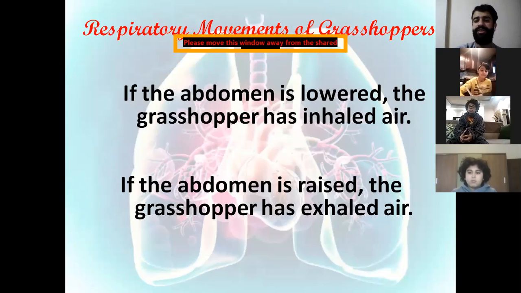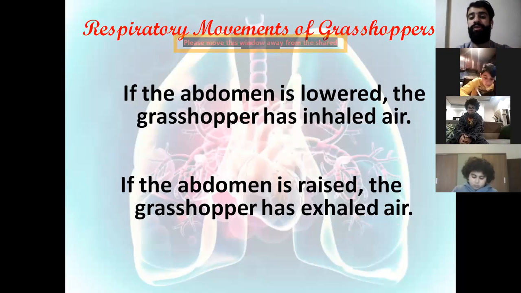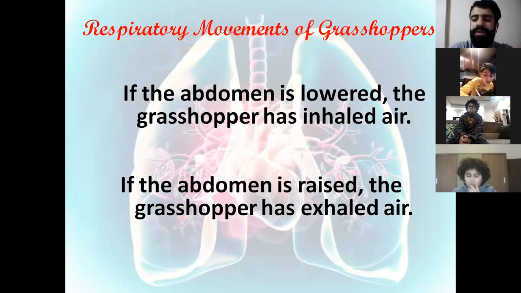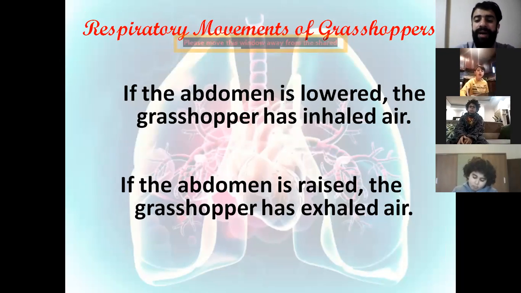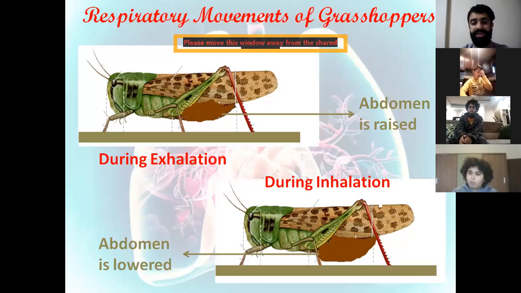So you have to study these notes. If the abdomen is lowered, meaning that the grasshopper has inhaled air, during inhalation. While if the abdomen is raised, this means that the grasshopper, like in this case, has exhaled air, so during exhalation.